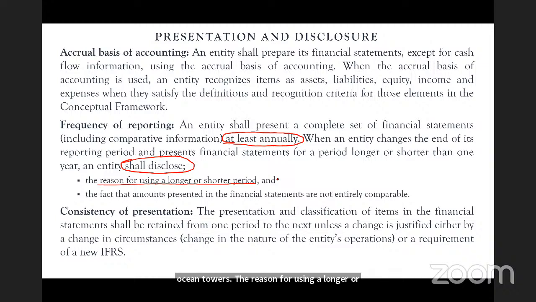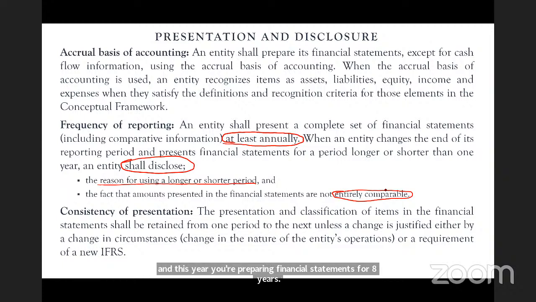And you have to also tell the users that the amounts that you have presented in those financial statements are not comparable. Are we together? Because if you prepared financial statements last year for 12 months, and this year you're preparing financial statements for 8 months, those two cannot be comparable, are they?